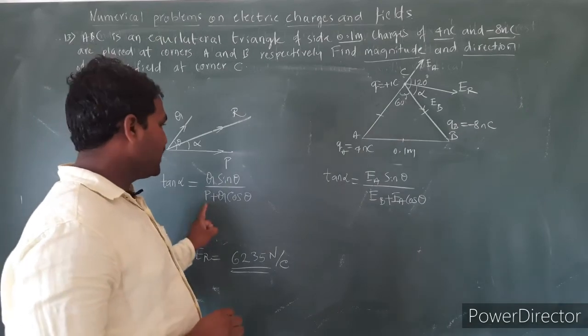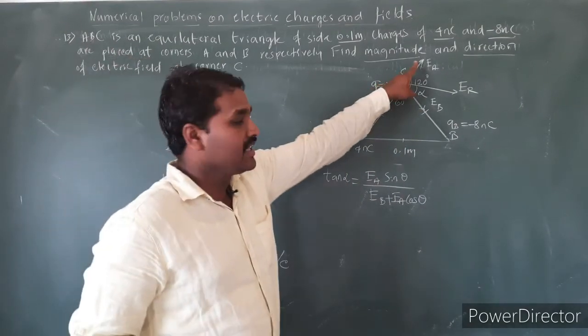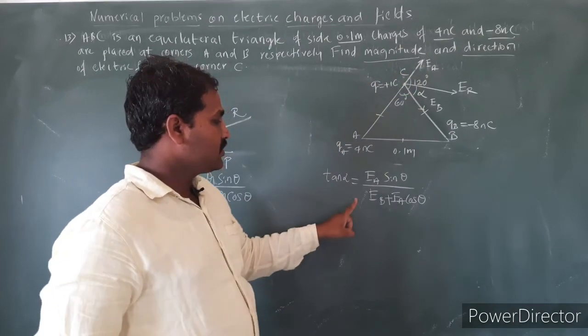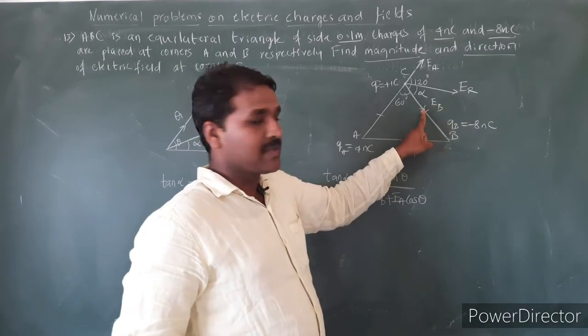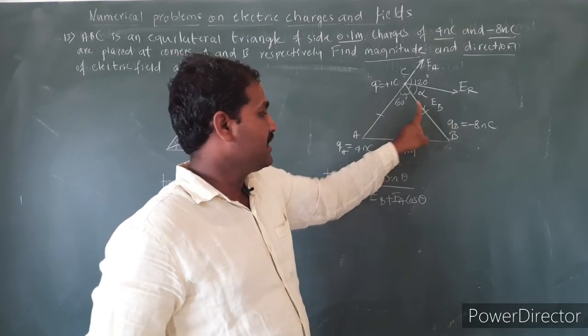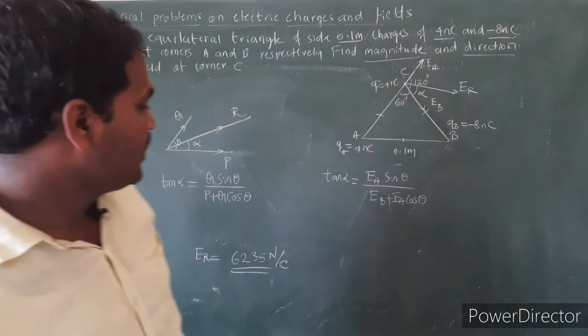Here in place of P I have EB, in place of Q I have EA. So this is the expression to find the angle made by the resultant with respect to vector EB, where theta is the angle between the two vectors EA and EB.